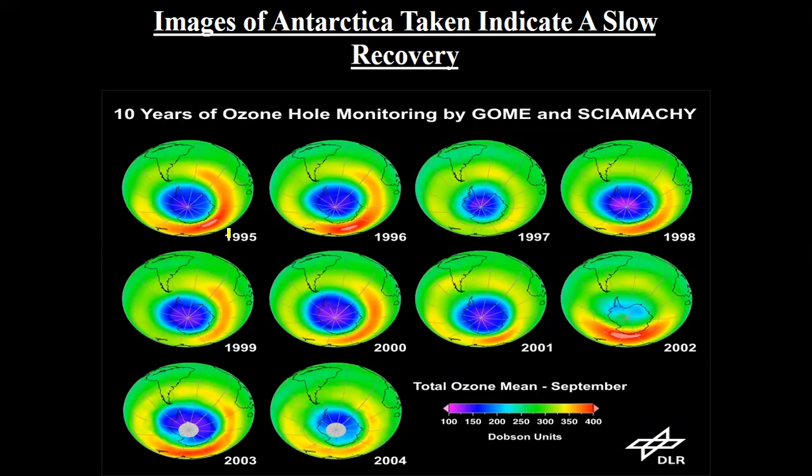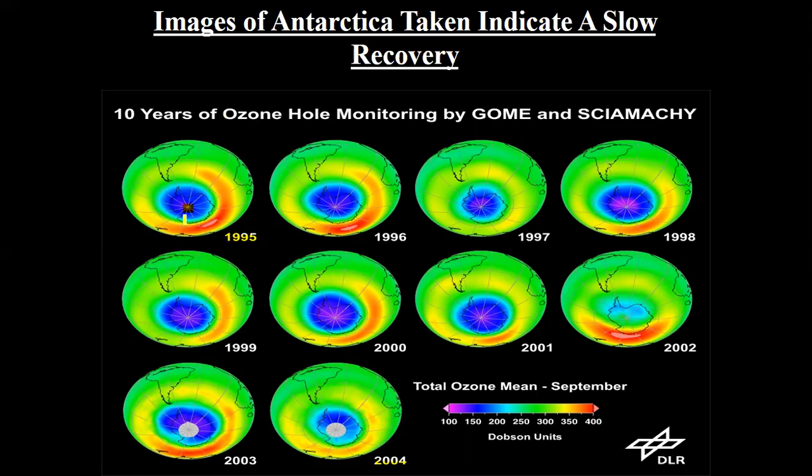So now here you can see the satellite images from 1995 to 2004. These purple colors show low concentration of ozone, 100 Dobson units. The red color shows 400 Dobson units. That red color shows the ozone concentration is high. So here the purple color area is very large in 1995.